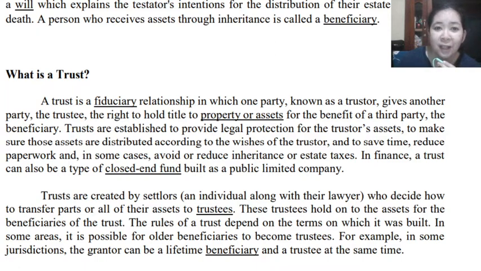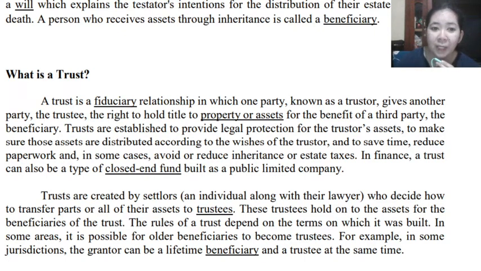Trusts are created by settlors, or an individual, along with their lawyers. They decide how to transfer parts or all of the trustor's assets to the trustee, and these trustees hold on to the assets for the beneficiary of the trust. The rules of the trust will depend on the terms on which it was built, so there is a contract. In some areas, it is possible for older beneficiaries to become trustees as well, aside from the financial institution.